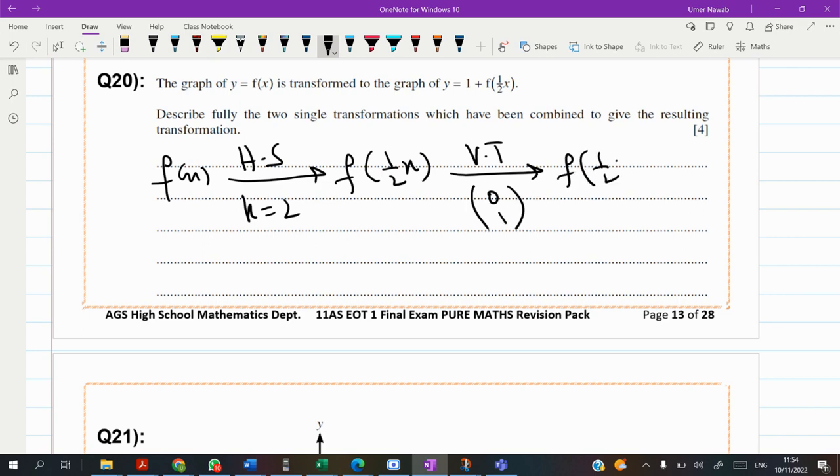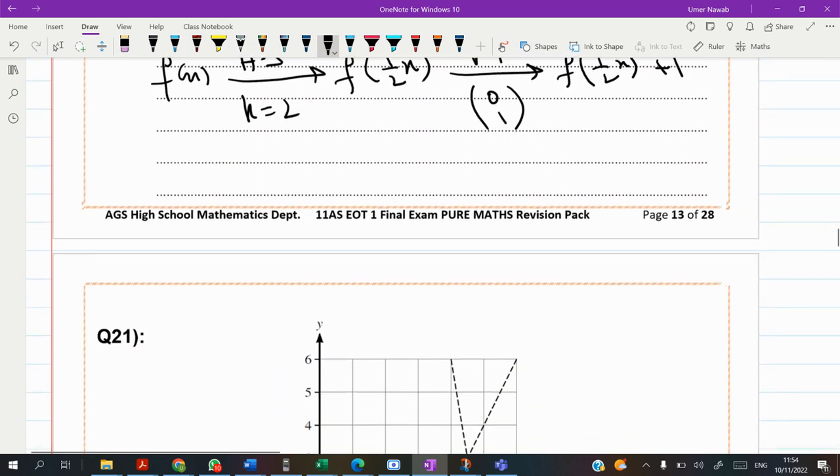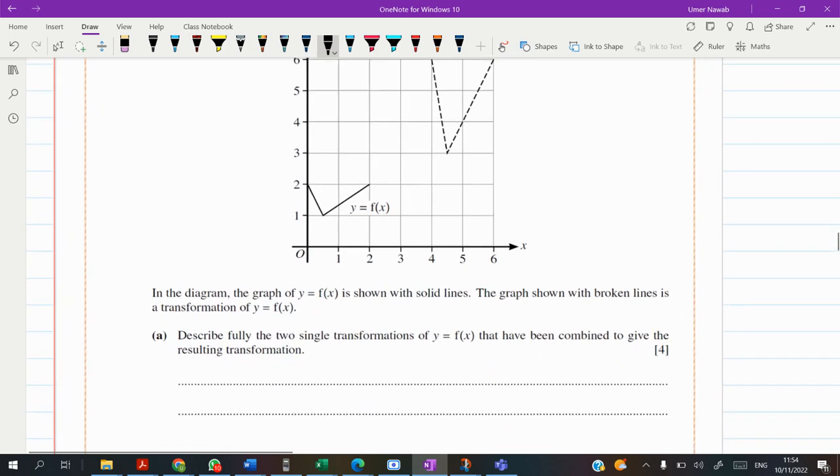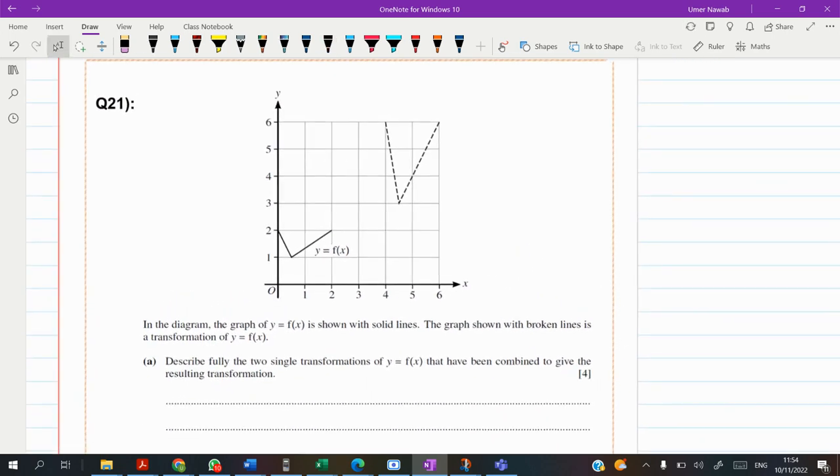So f of half x plus 1. This transformation is moving from this point to this point. Can you count them? 1, 2, 3 and 4. He is moving 4 units to the right, 4 units to the right.